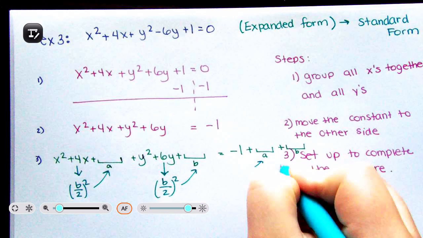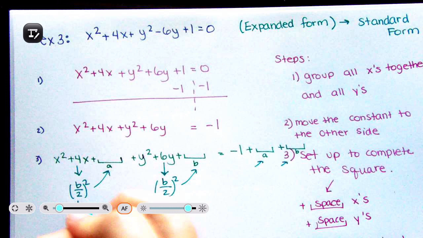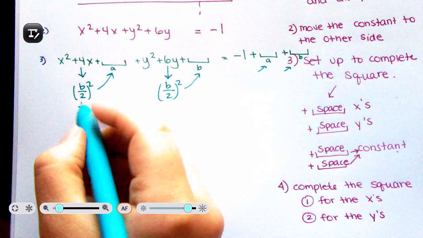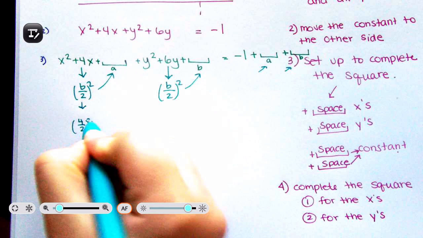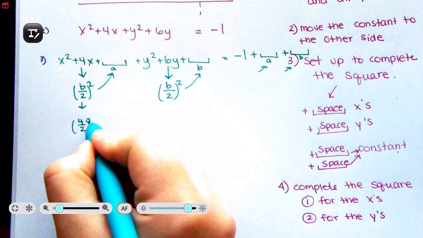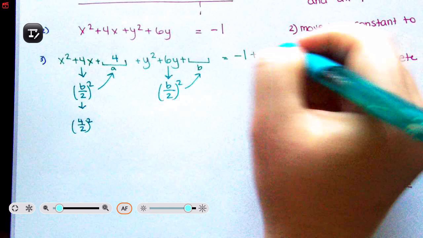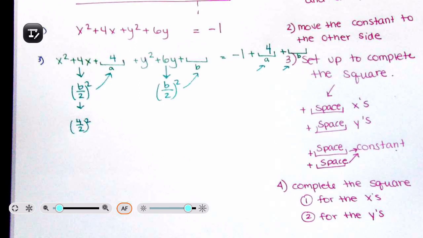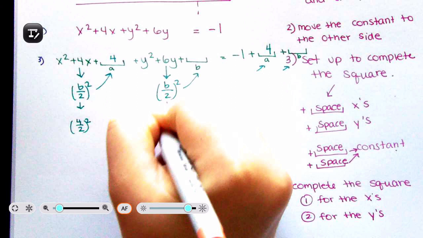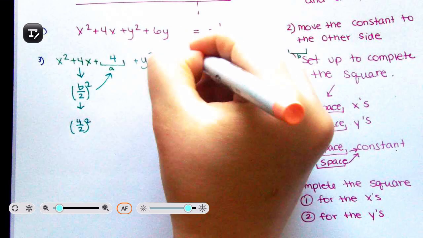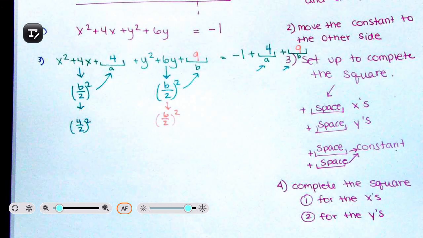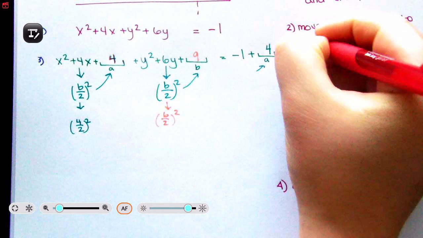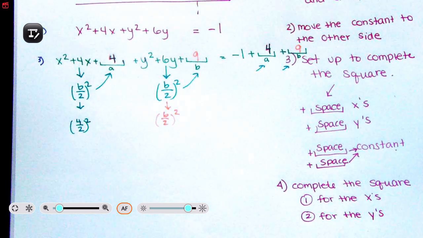And then again, don't forget to add on both sides. So what do we have? 4 divided by 2 squared. 4 divided by 2 is 2. Squared is 4. Again, both sides. And then the other one is 6 divided by 2 is 3. 3 squared is 9. So we fill that in. So here's our 4, here's our 4, color coding it a little bit.